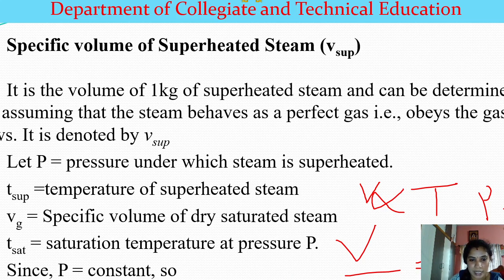If I take the initial condition as V dry by T saturation, that will be equal to V superheated by T superheated. By using this condition, we'll find the volume of the superheated steam. So the volume of the superheated steam is T superheated by T saturated into Vg.